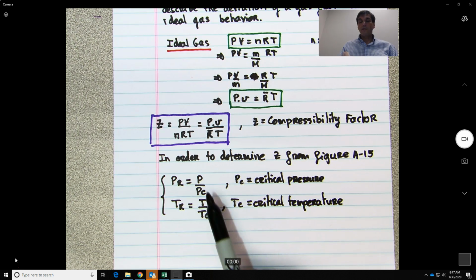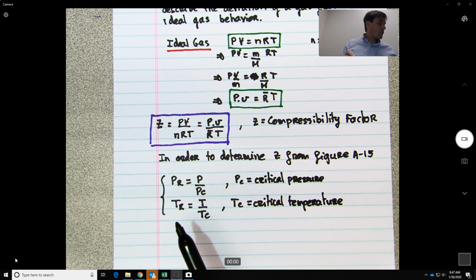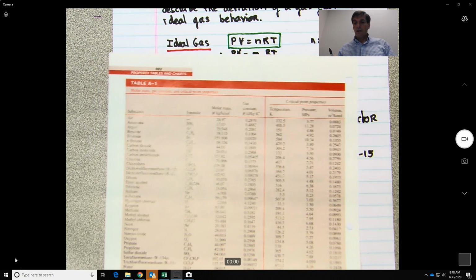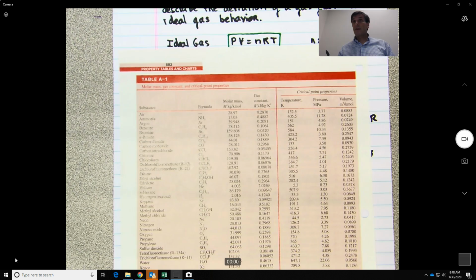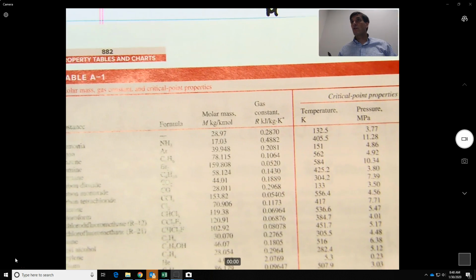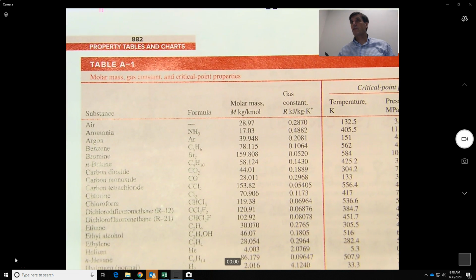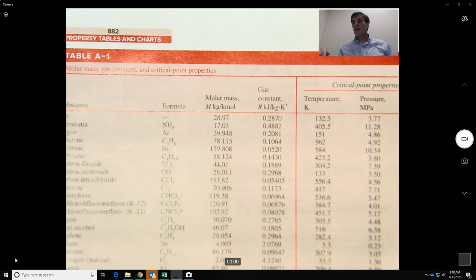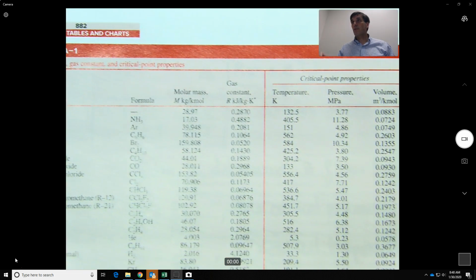Okay, so on the problems, generally we are given P and T, and those two critical values I can obtain from a table that will be given in table A1. If you look here on the left hand side, you have different ideal gases: air, ammonia, argon, and so on, and then you have the critical point properties.